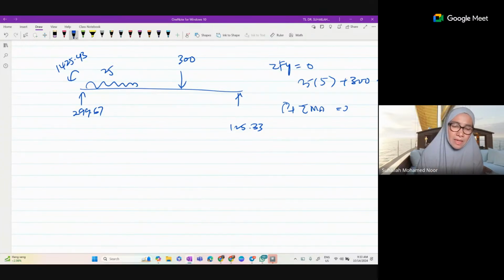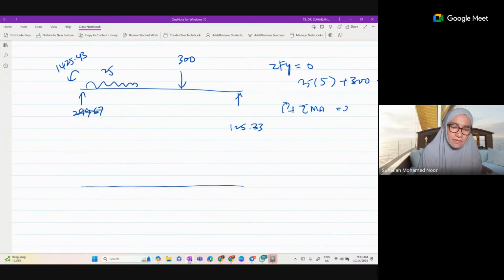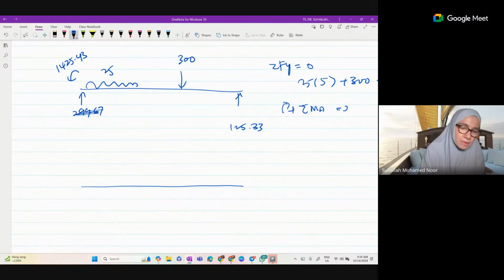Shear force diagram kita akan refer to the shear value, and shear value kat sini is this value. Okay, so draw shear force diagram, just look at the shear value, start from 0, diagram start from 0, here is the starting point, end at 0.